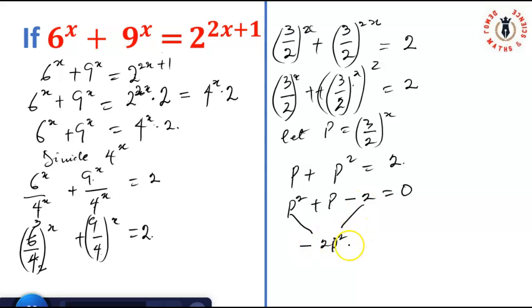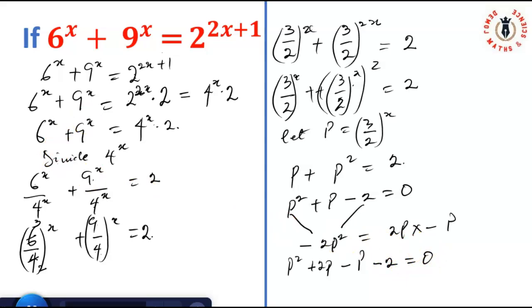What will I multiply together that will give me minus 2p squared? And at the same time, if I add them together, I'll come up with p. Obviously, that is 2p times minus p. So I can now substitute this in place of p. P squared plus 2p minus p minus 2 is equal to 0.